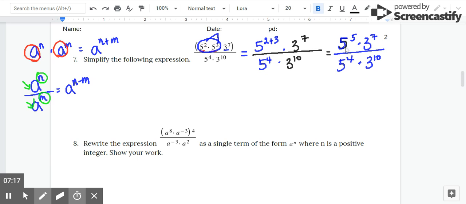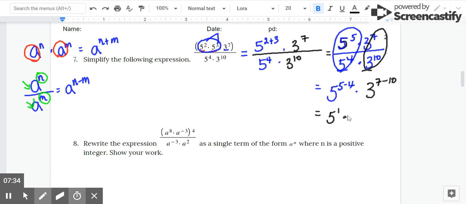So you just subtract. So what I'm going to do is do this and this separately. So 5 to the what power? 5 minus 4. And 3 to the 7 minus 10. So it's going to be 5 to the first power, 3 to the negative third power.